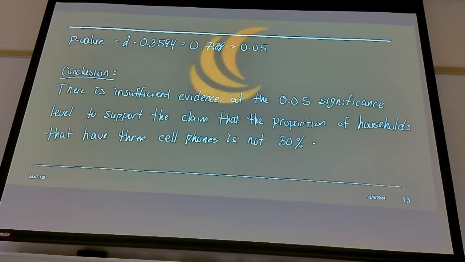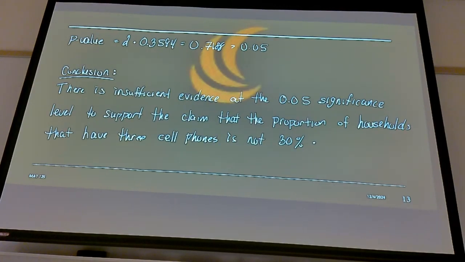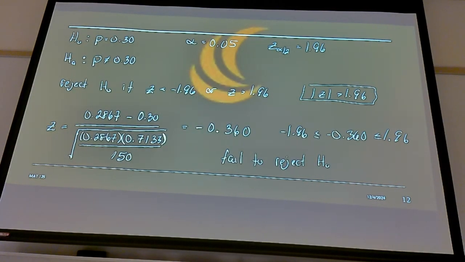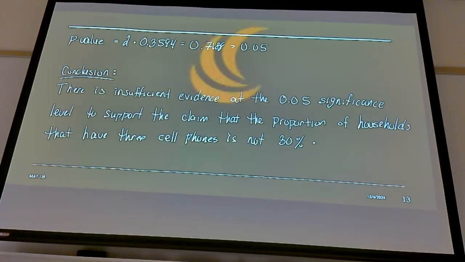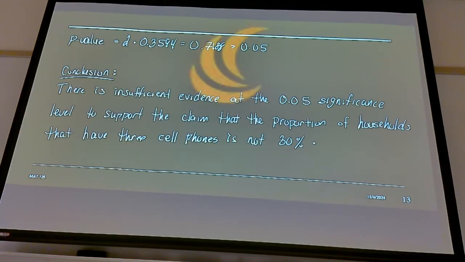So what was our final answer at 0.7188? That's the p-value. So the p-value is the one you get from either the table, reading from the table, or using your calculator. But again, you can only find the p-value from the table if it's a z test.